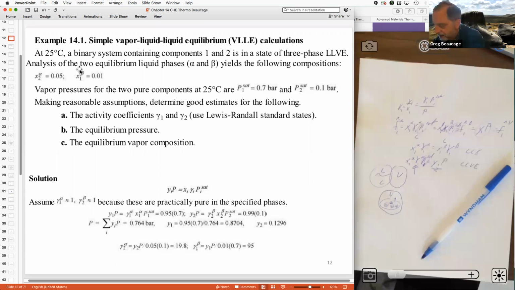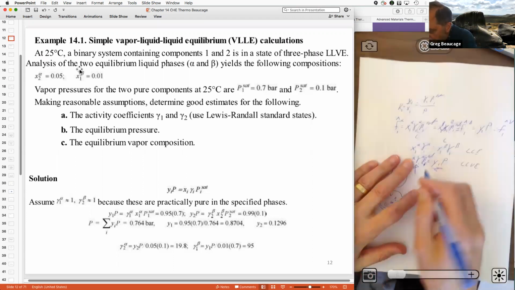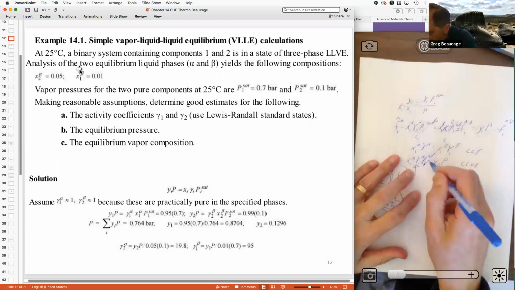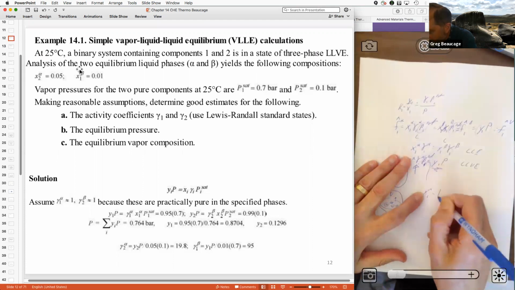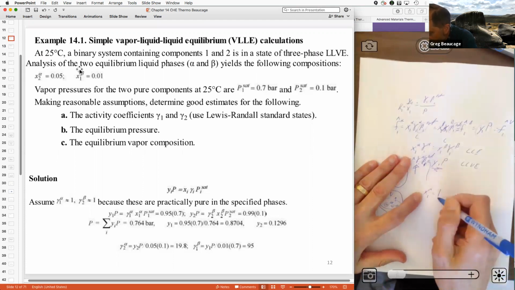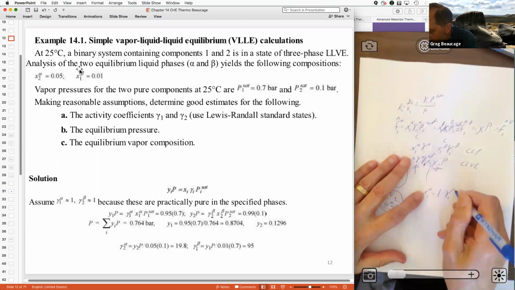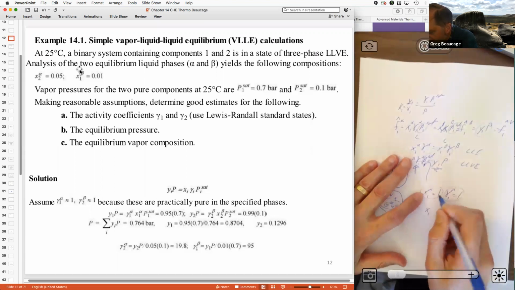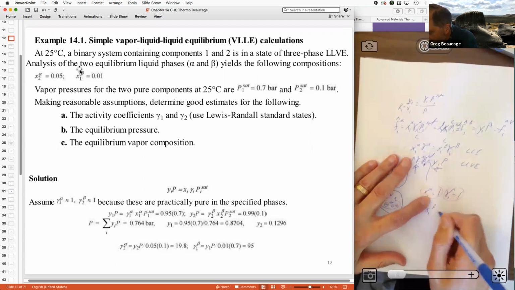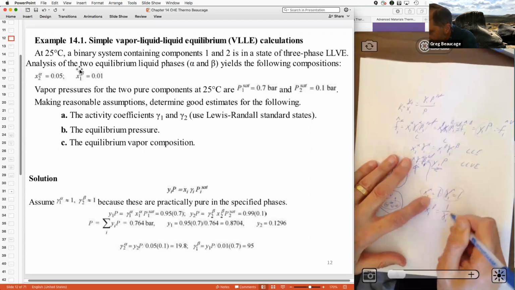So another thing is, say for the liquid, if x1 alpha equals 1, so it's pure alpha, then for a pure component, gamma 1 alpha also has to equal 1. Okay, that means this whole side is 1. That means x1 in the beta phase, whatever this small deviation from 1, has to equal 1 over gamma 1 in the beta phase.